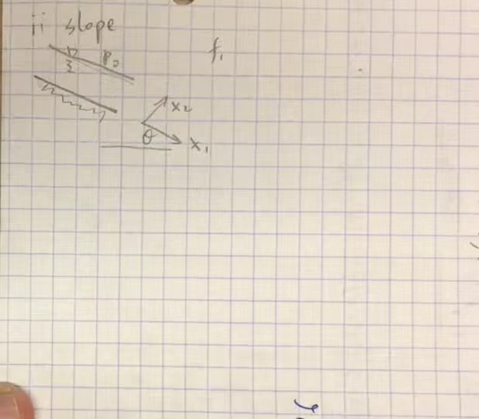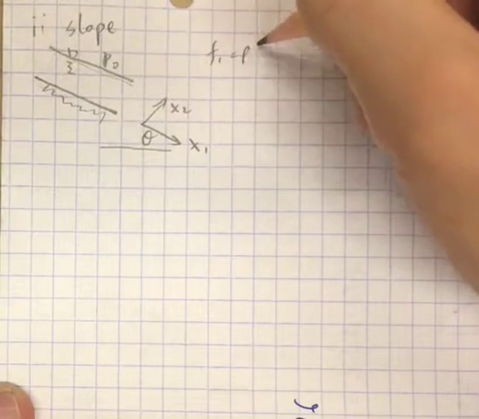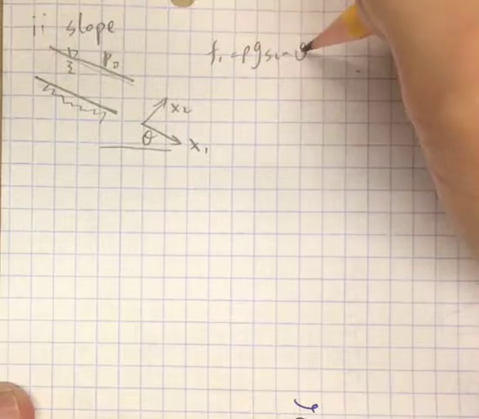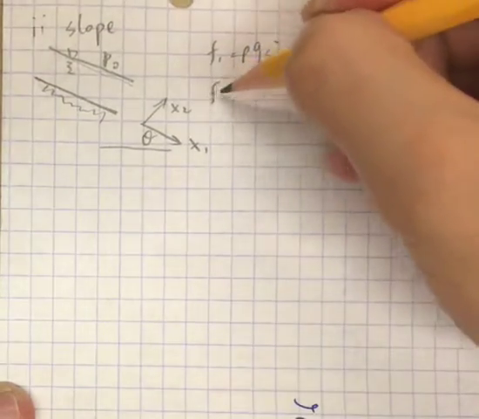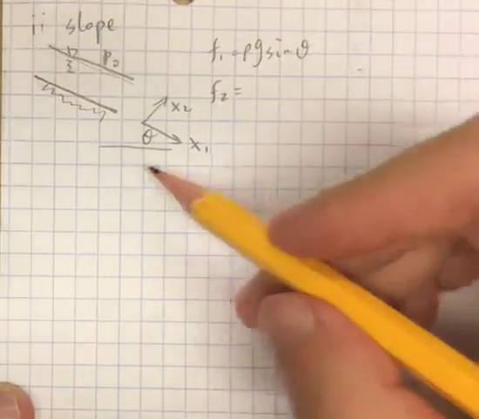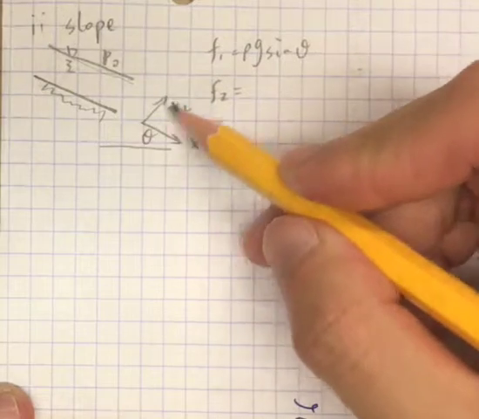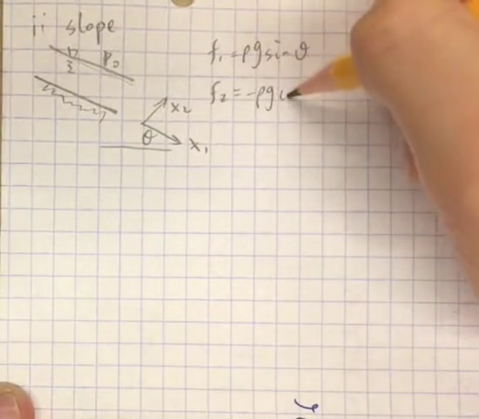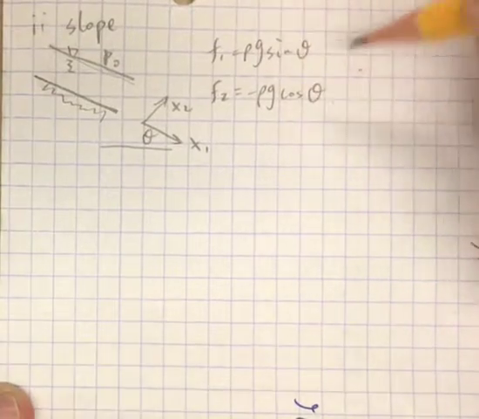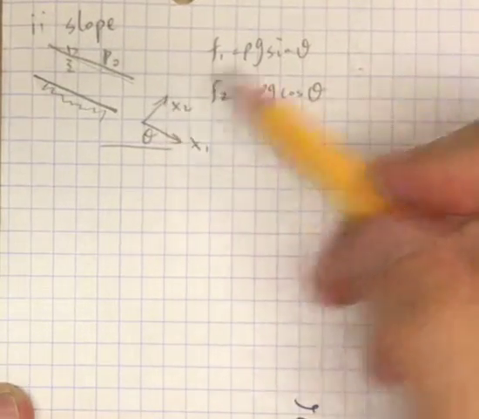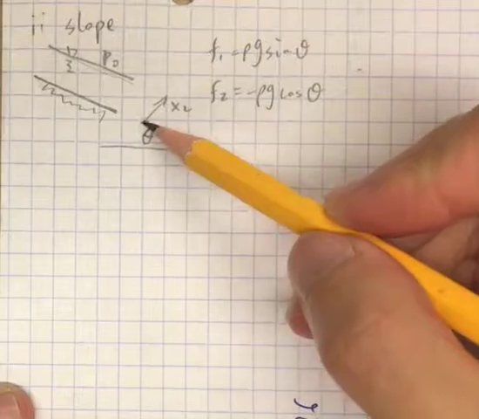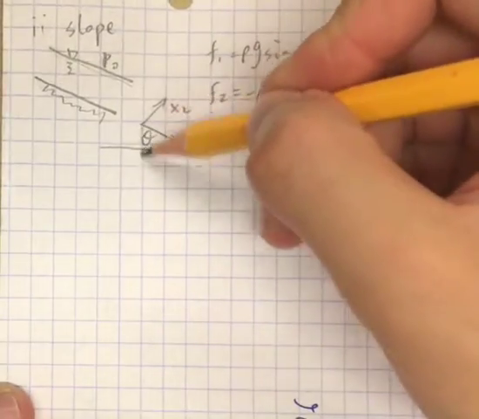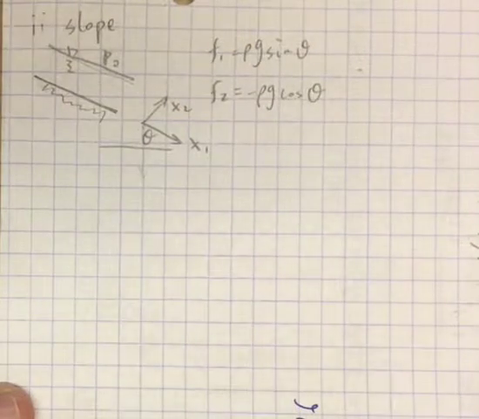It's rho g sine theta, right? What's the gravity's component in the x2 direction? This is minus rho g cosine theta, because this part is to the up, right? We know g is something like this.